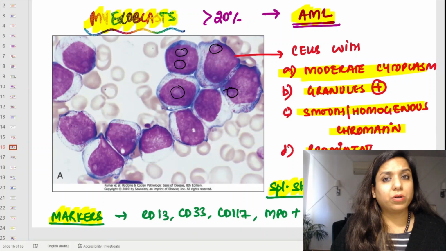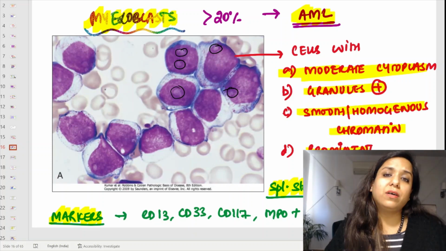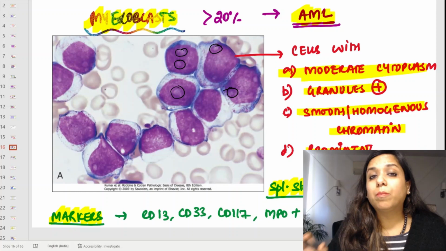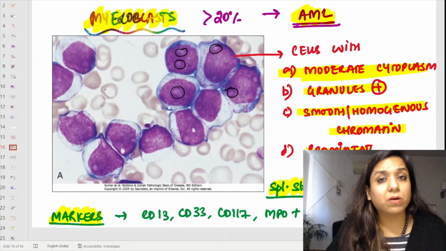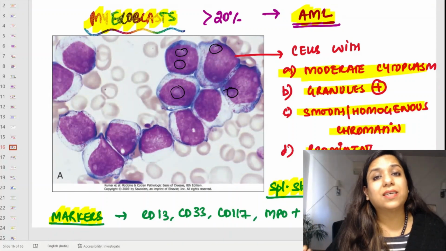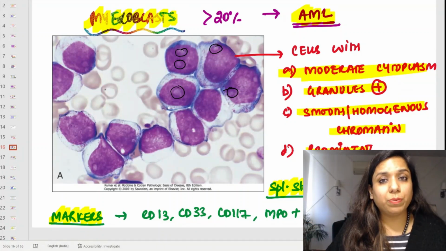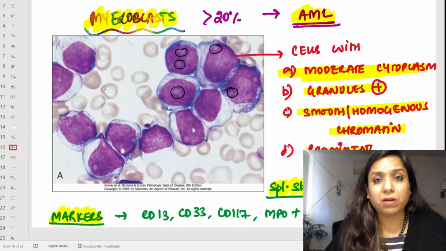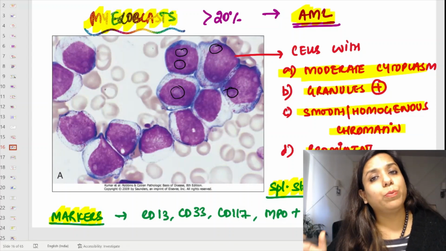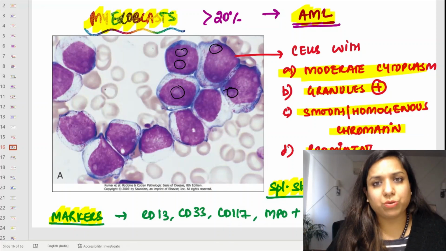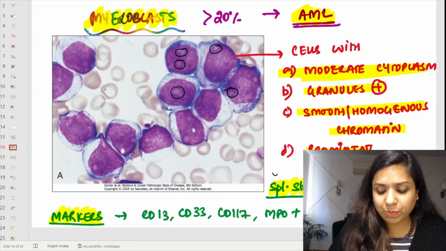In the exam, if you are unable to identify whether this is a lymphoblast or a myeloblast, please do not take any stress, because even a good pathologist gets confused, right? What is important for you is that the basics should be clear and the history of the patient should be clear. That will be enough to make a diagnosis and solve the question, right? What you should know is special stains.